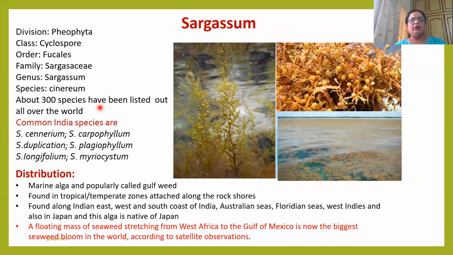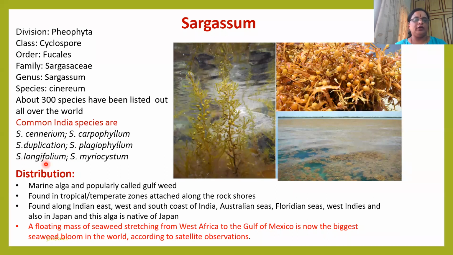And there are around 10 species which you could find in our Indian coastal region also, and I have listed some of them. Important species are Sargassum longifolium and Sargassum myriocystum. These are the two dominant species you could find in the Indian Ocean, on the east coast, the west coast, as well as the south coast.